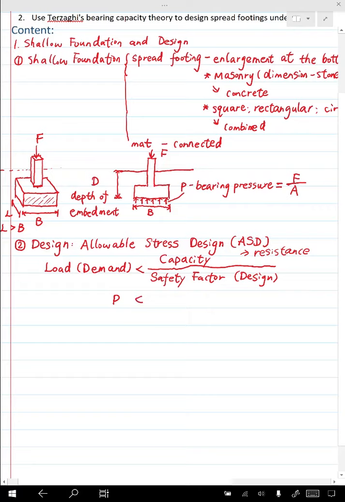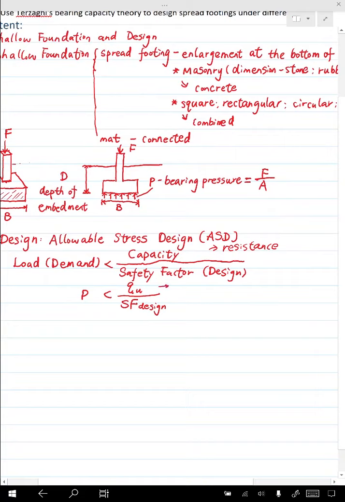So that is the load need to be smaller than Q sub U. This is the symbol that we use for capacity divided by safety factor, design safety factor. So SF design. Sometimes we also use FS for the safety factor. It's the same thing. So this Q sub U is the bearing capacity.